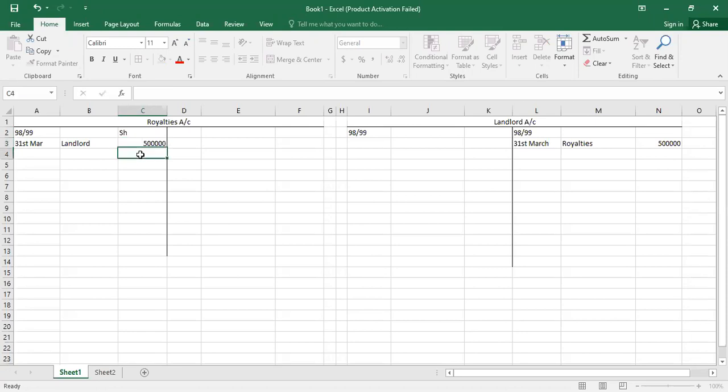So that is our first transaction. That is for year one.